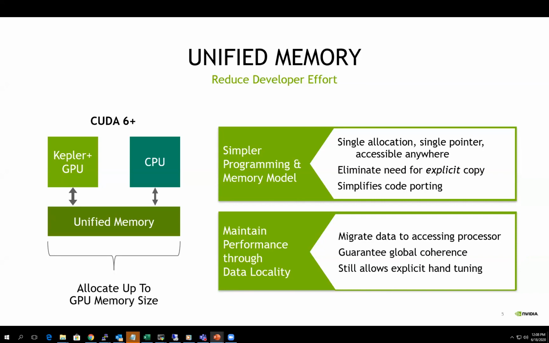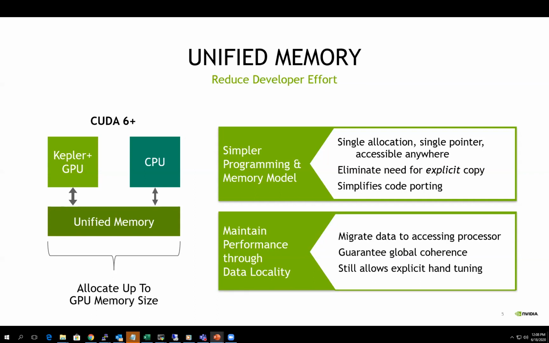So unified memory simplifies all that. The simplifying idea is that instead of having to have these two parallel pointers, let's refer to one as the host pointer and the other as the device pointer, but essentially referring to the same data, now we're just going to have one pointer. And somehow that one pointer is going to be usable whether I'm using it in host code or whether I'm using it in device code.